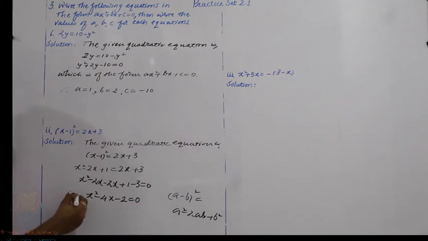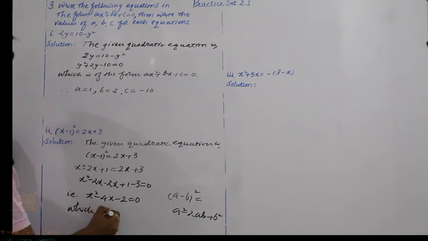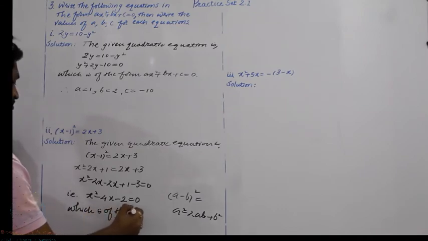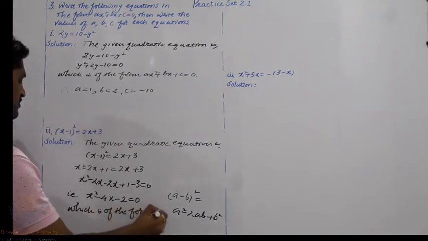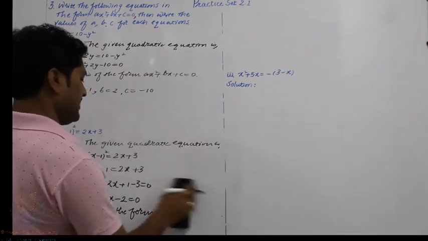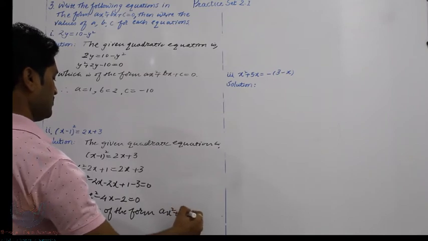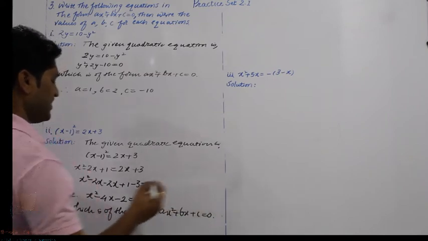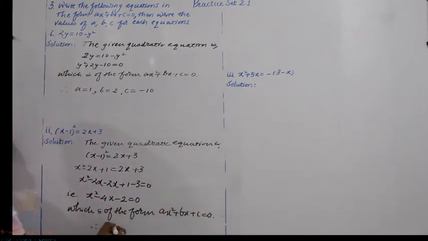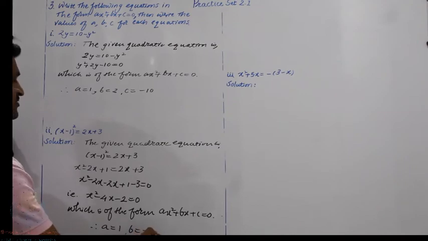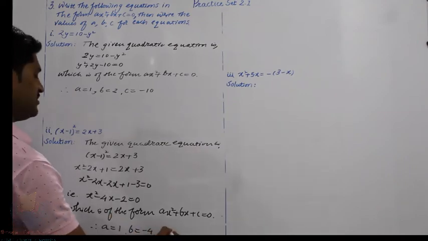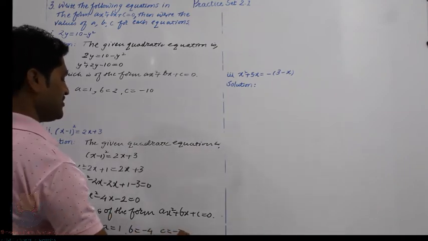So here again we will write which is of the form ax square plus bx plus c is equal to 0. And now we have to write the values of a, b, c also. So here a is 1, that is the coefficient of x square, b is equal to minus 4, which is the coefficient of x, and the value of c is nothing but again the constant term.